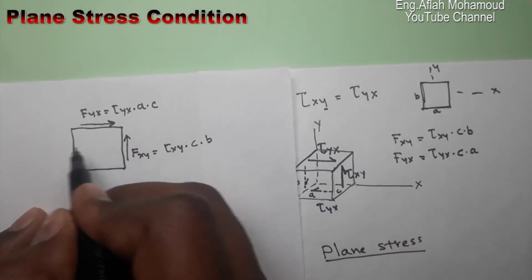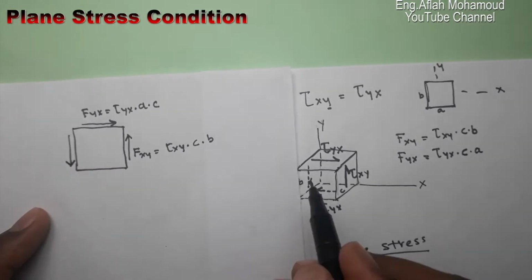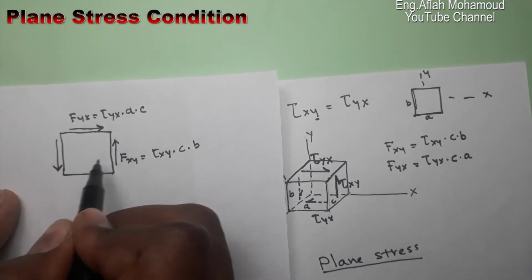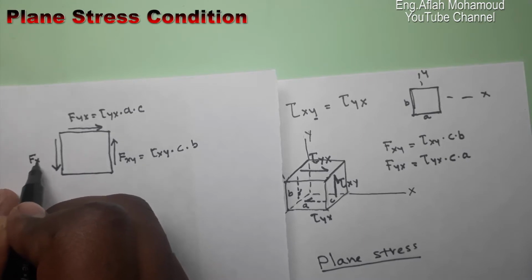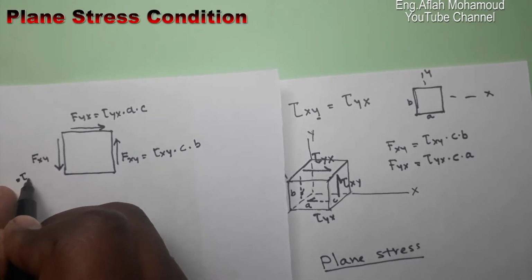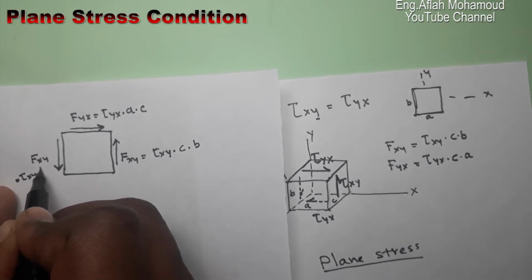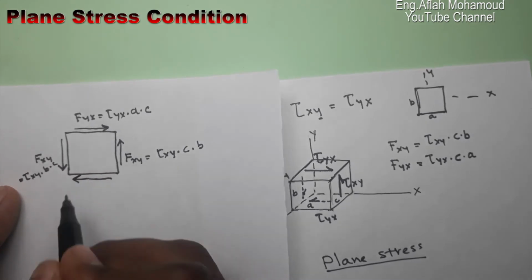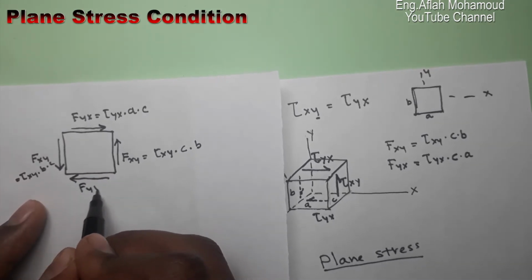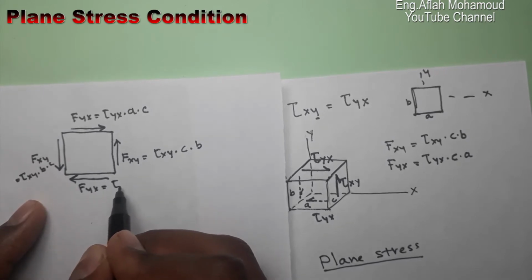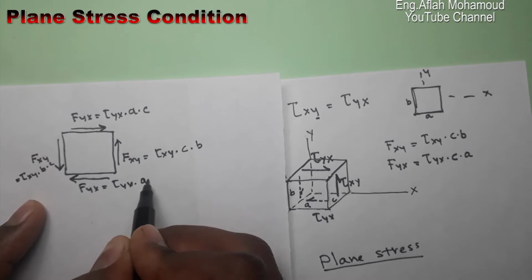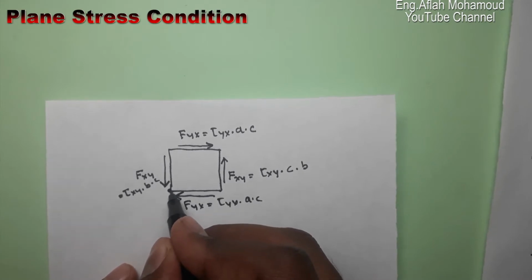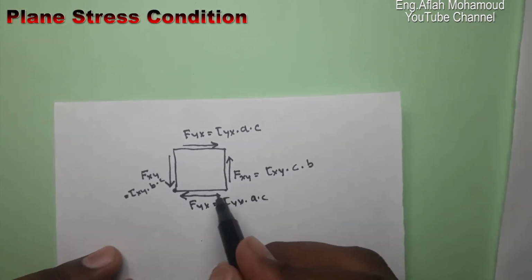In the same way, the opposite of this one acts on the left face, similar to this one: Fxy equal to tau xy times B times C. And the opposite of the top one is on the bottom face: Fyx equal to tau yx times A times C. Now let's take a moment about this point, which we can consider as the origin.